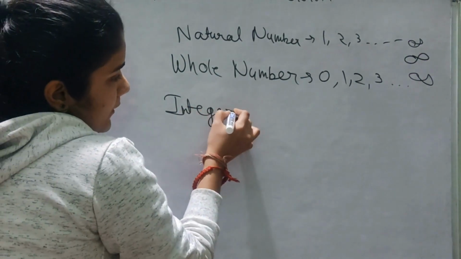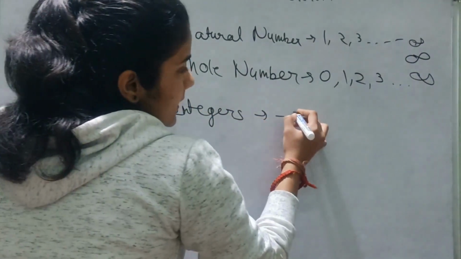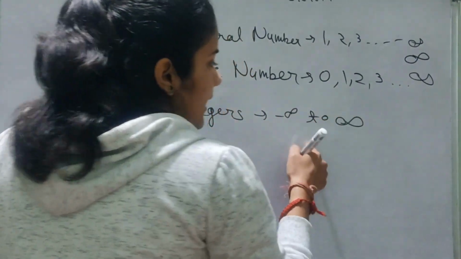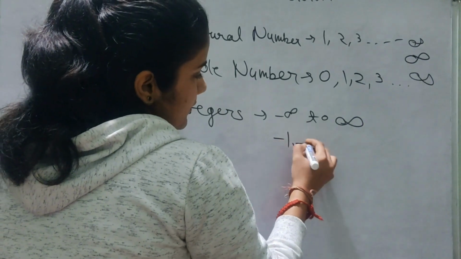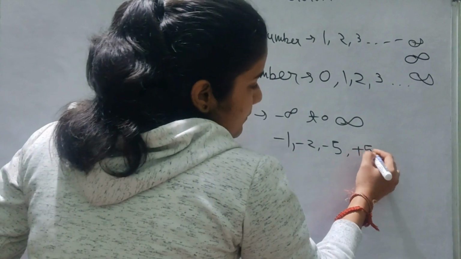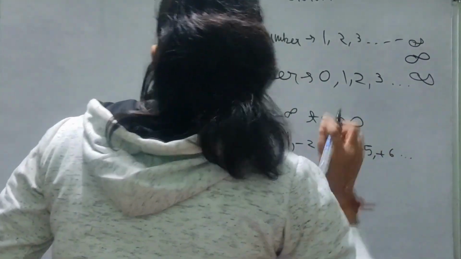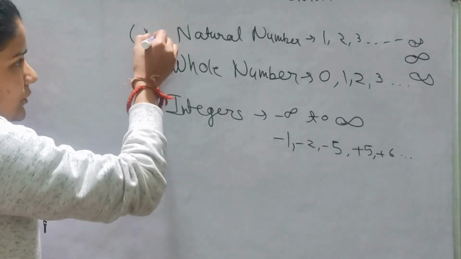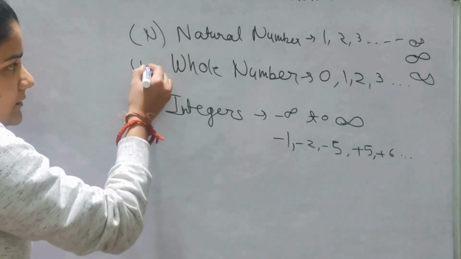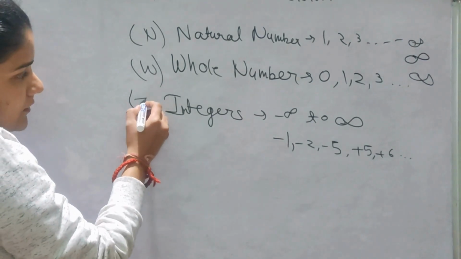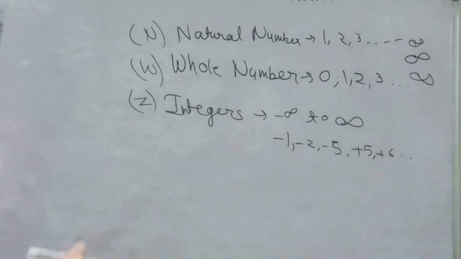Integers. Okay. What is it? Negative infinity to plus infinity. Any number like minus 1, minus 2, minus 5, plus 5, plus 6 and so on, right? This is the notation of N, this is the notation of W and this is the notation of Z.